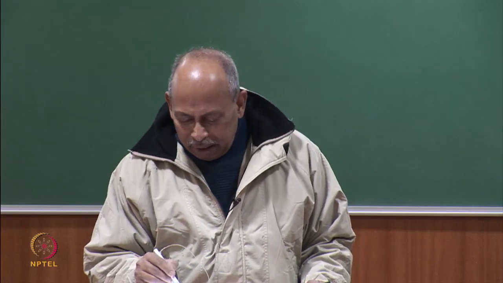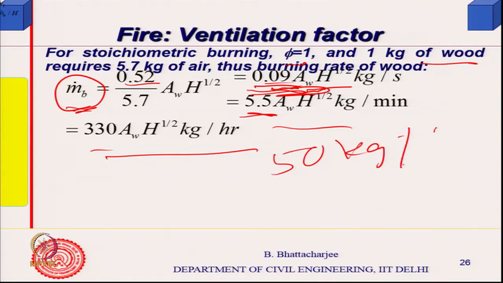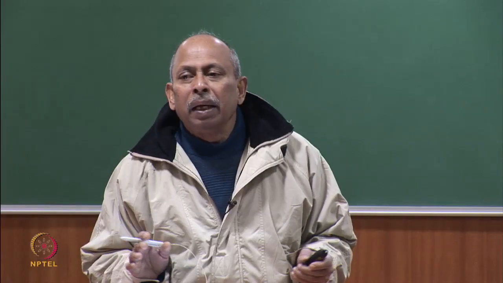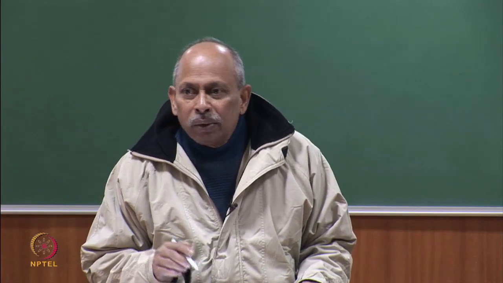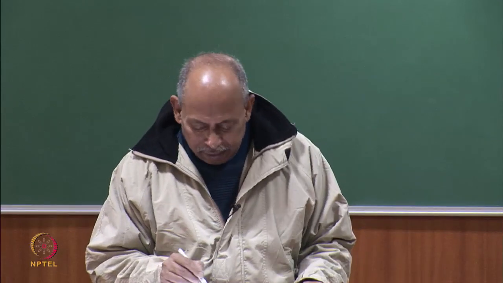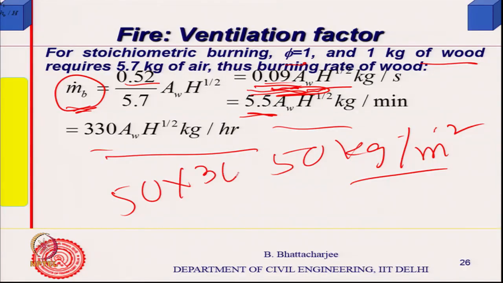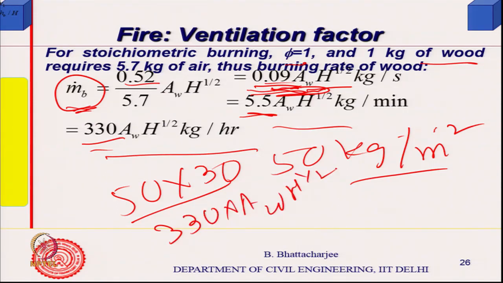So, if I know something like 50 kg per meter square floor area equivalent of wood, and my room area is, let us say, 30 meters square, total burning time will not exceed 50 into 30 divided by 330 into AWH to the power half, right.